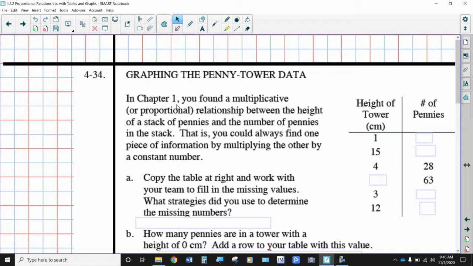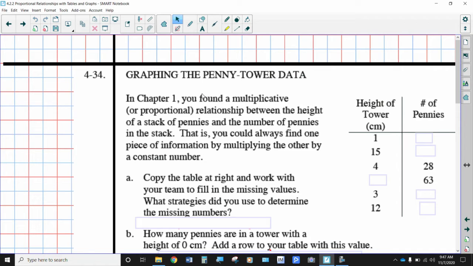So remember in chapter 1, very early on, we learned about the million penny tower, and we were predicting how many centimeters tall that tower would be. You were given the task of collecting pennies in your house and measuring how many pennies stacked up to make 1 centimeter.